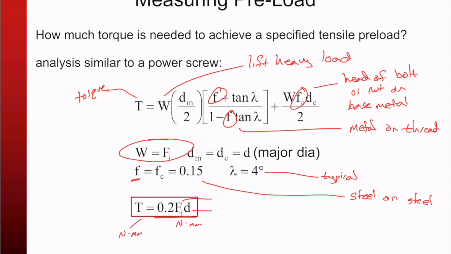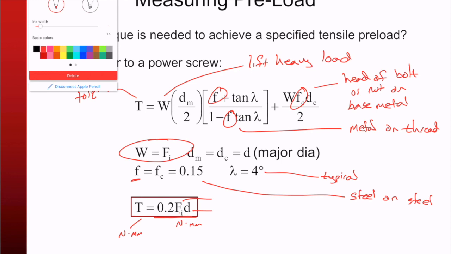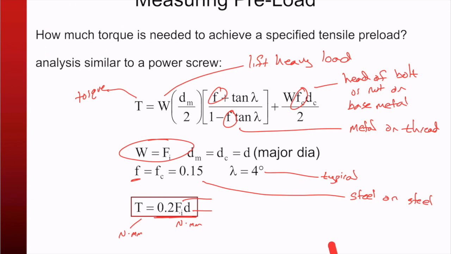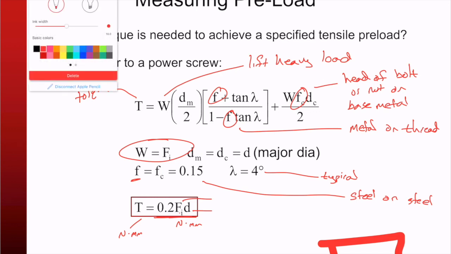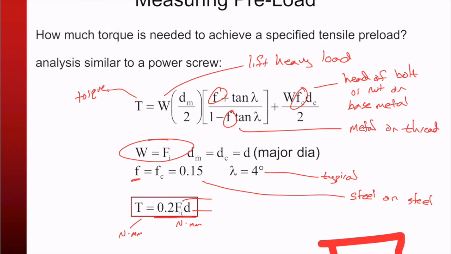However, big unknowns though, right? These are really big unknowns. This is only good to plus or minus 30%, right? Huge unknowns there. Why are there these huge unknowns? Friction is uncertain.